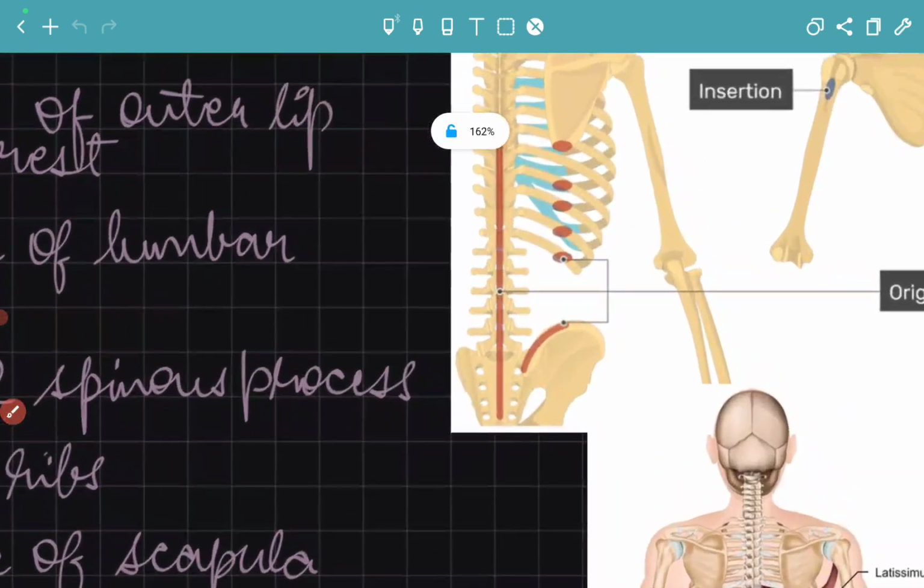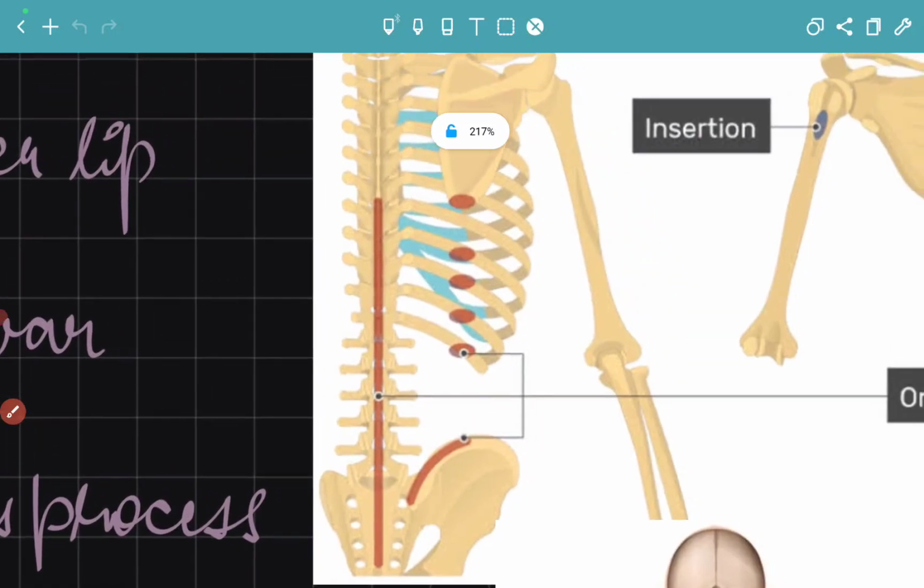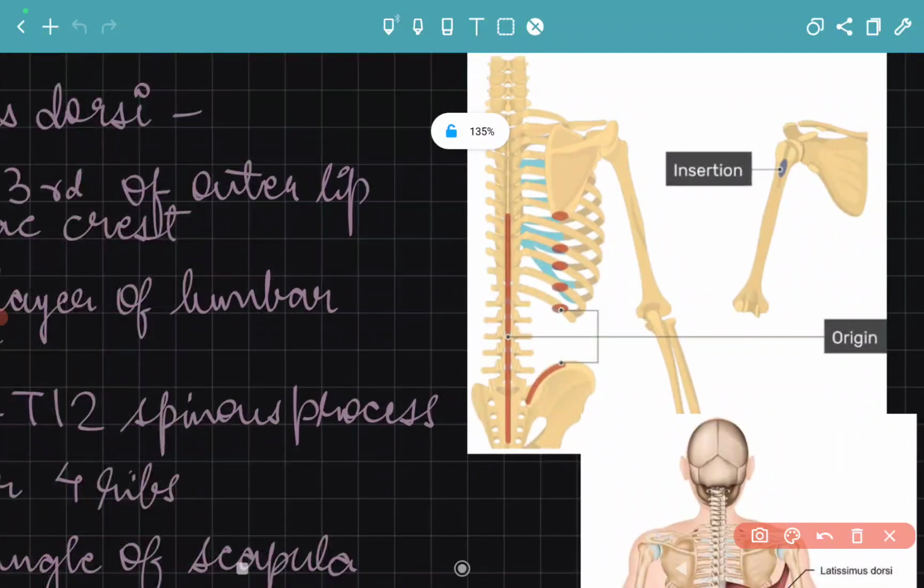The origin and insertion of Latissimus dorsi. It has origin from 1, 2, 3 and 4 parts, and one more, which is the fascia.